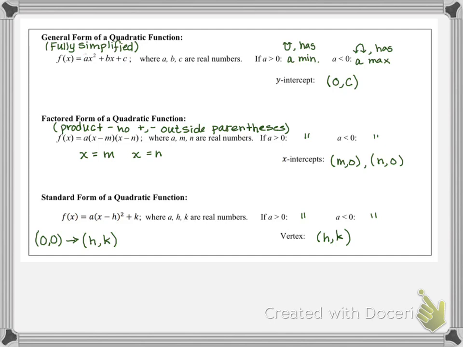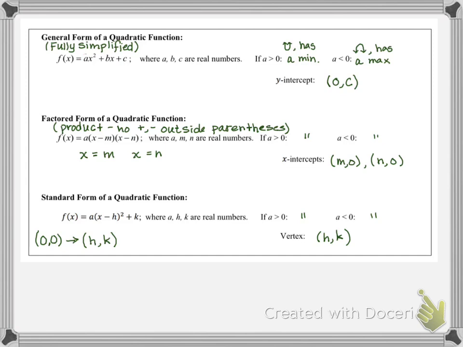So we will use these different forms of a quadratic function in a couple ways. We can use them the way we just did to find information about the graph from the equation, but we'll also use information about the graph to write an equation for the function. And the important thing to notice is if you're given x-intercepts and you want to write an equation for your function, you're going to have to write it in factored form because that's the one that has the x-intercepts in it already, without any calculations done to them, right?